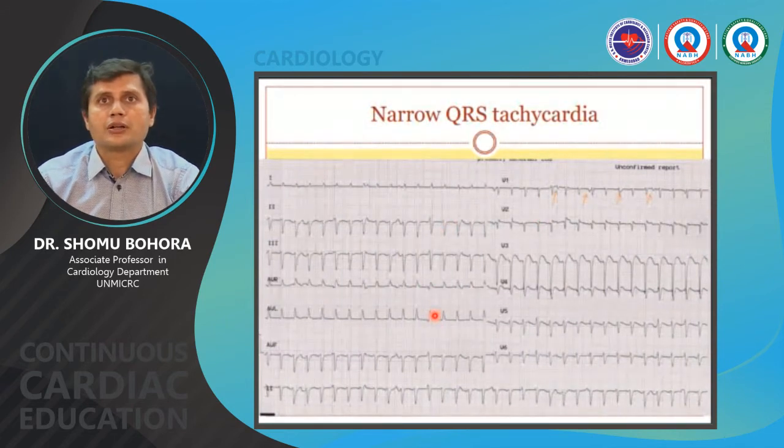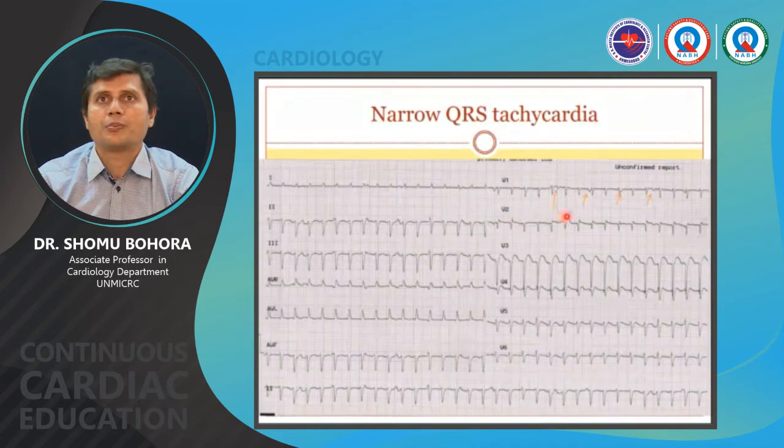It is not very uncommon to see a narrow complex tachycardia but with clear AV dissociation, which is suggesting this narrow complex tachycardia to be a ventricular tachycardia, and it carries the same grave prognosis as a broad complex tachycardia in a patient with structural heart disease.